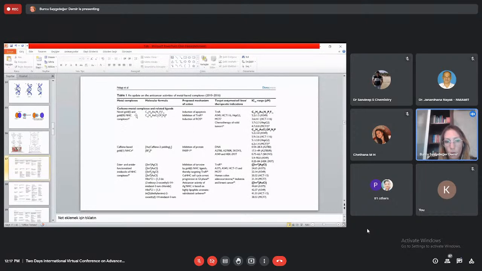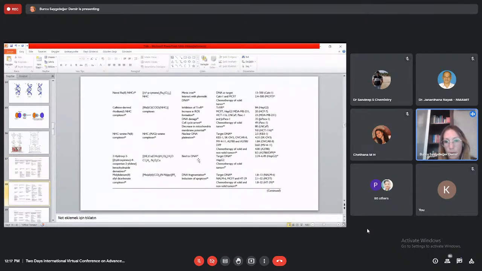For example, gold(I) and gold(III) complexes induce apoptosis and inhibit the TrxR enzyme, which is increased in cancers, and these ones have a low IC50 range. A low IC50 range is a good drug for us.